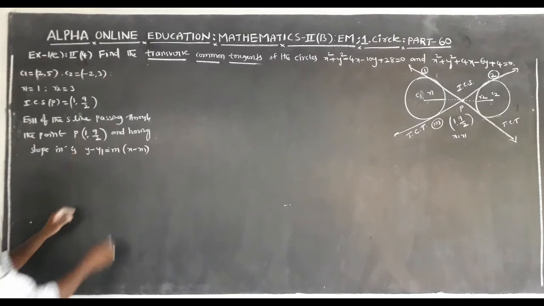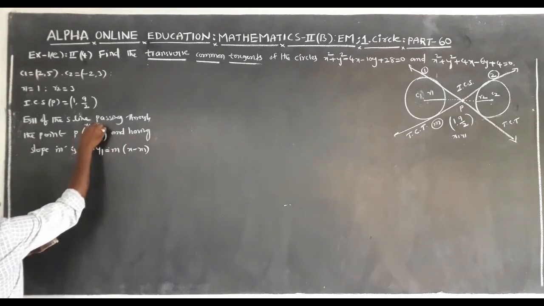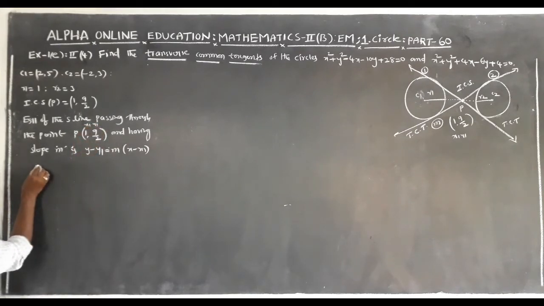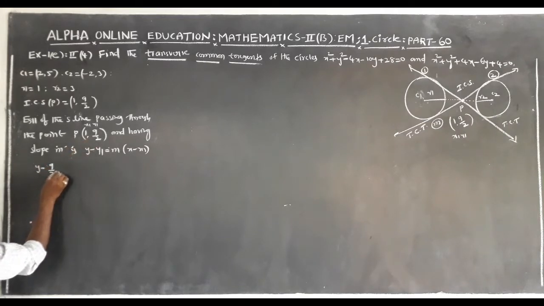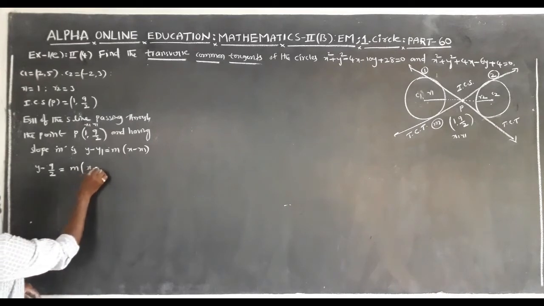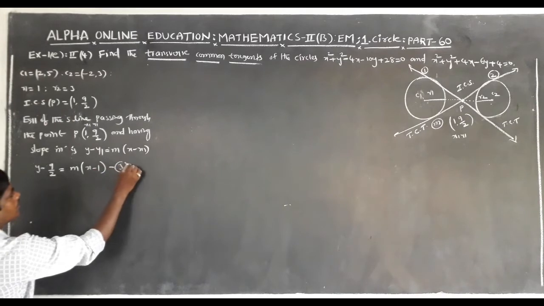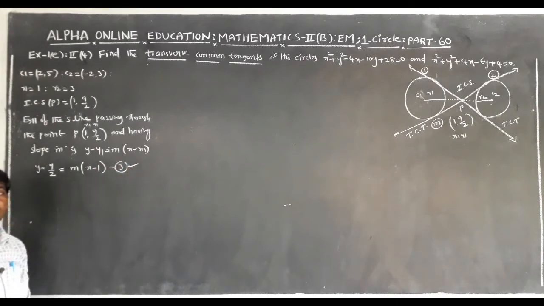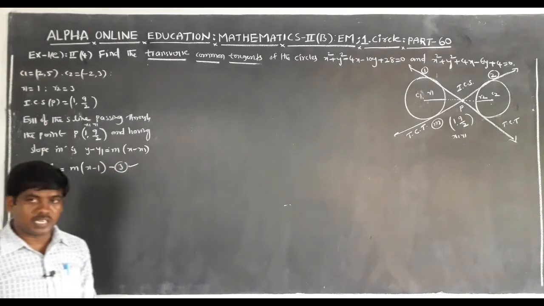This is the point-slope form. With P (x1, y1), y minus 9/2 is equal to m into (x minus 1). This is the equation of the transverse common tangents.